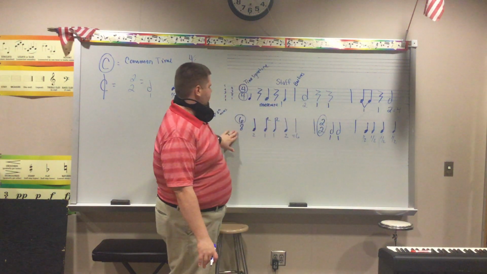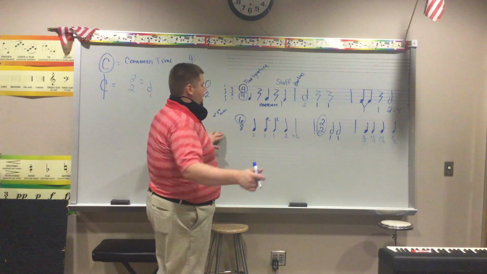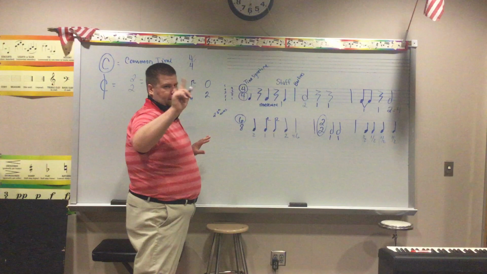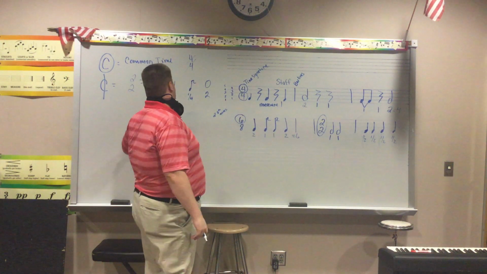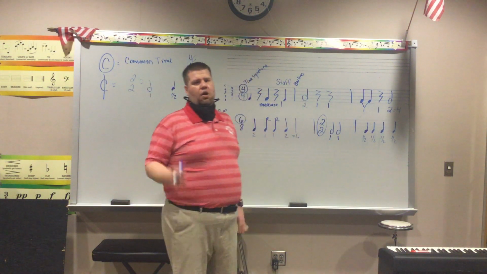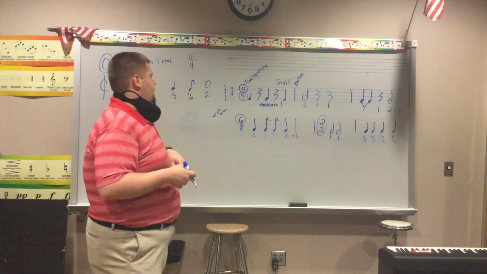In 6-8, you have to make sure there are 6 beats in the measure, but you have to remember now that the 8th note gets 1 beat. And then in that 2-2 common time, you have to know that every note is cut in value.